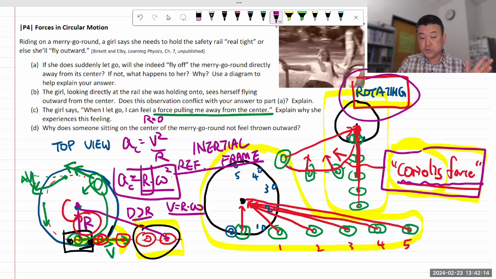As r goes to 0, your acceleration goes to 0 as well. So someone sitting in the center needs no centripetal force, meaning they don't have to hold on to anything to stay in the same place. That's why they don't feel thrown outward or moved around.